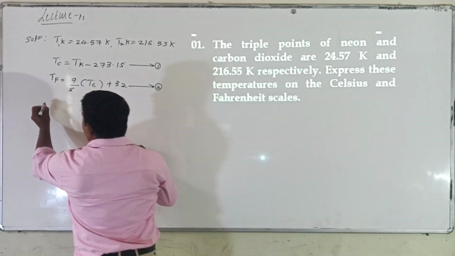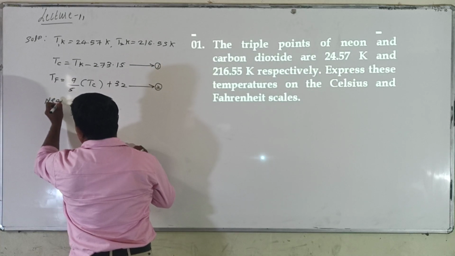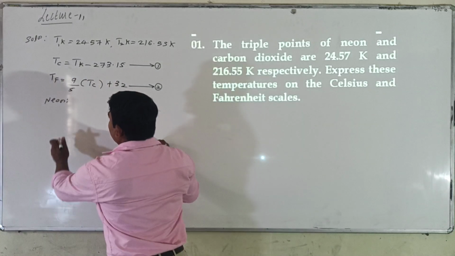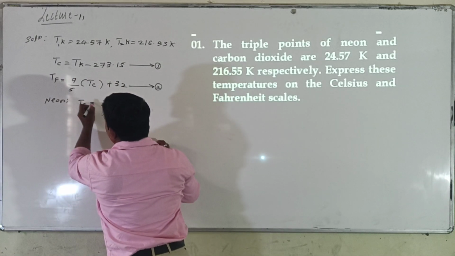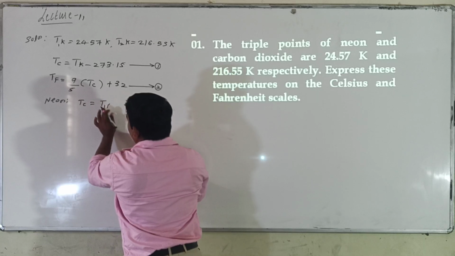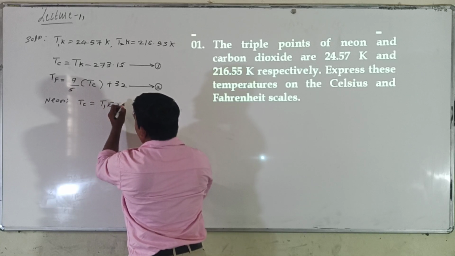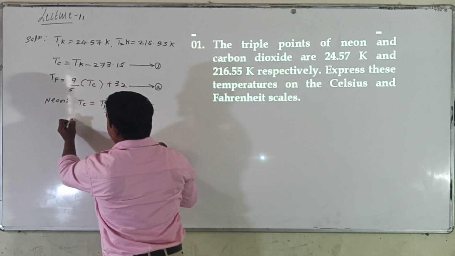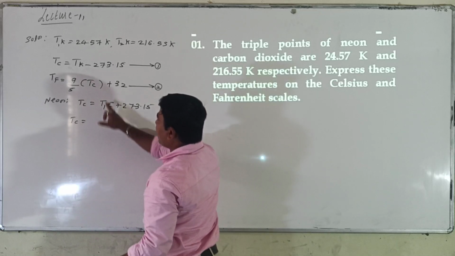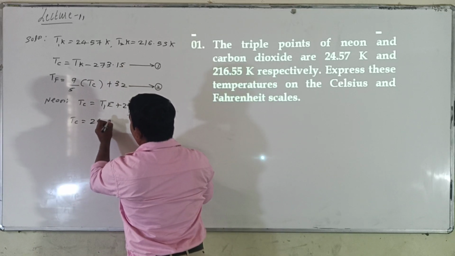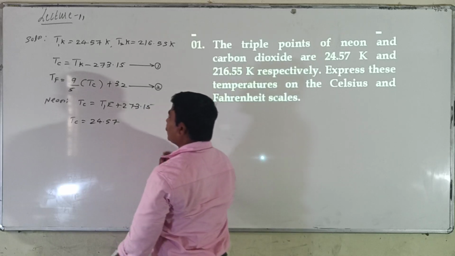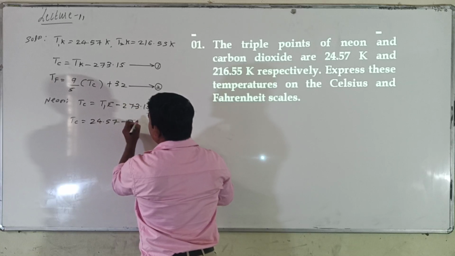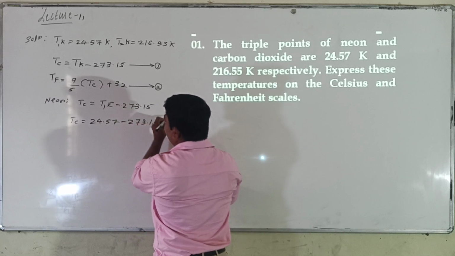For neon, using the equation, Tc equals T1K minus 273.15. T1K is 24.57, minus 273.15.